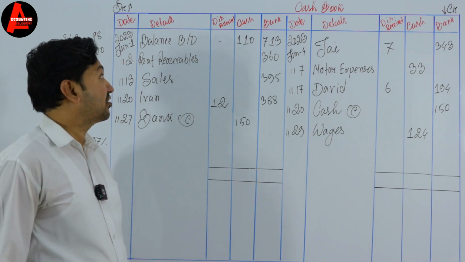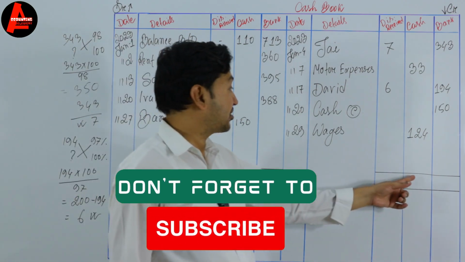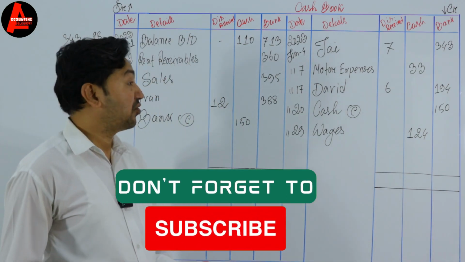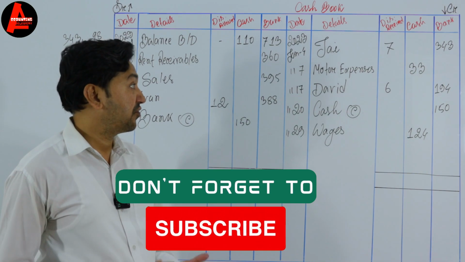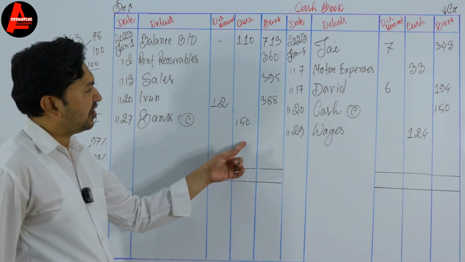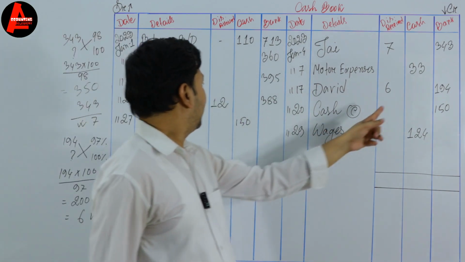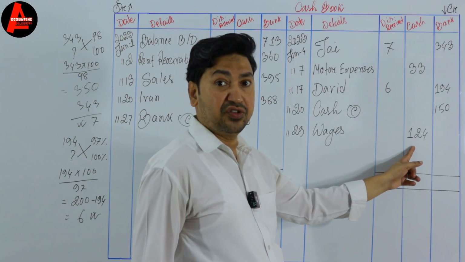We need to compare the debit cash column to the credit cash column and check which is greater in value. We see our debit column is greater: here we have 110, here 150, but here 33 and 124.